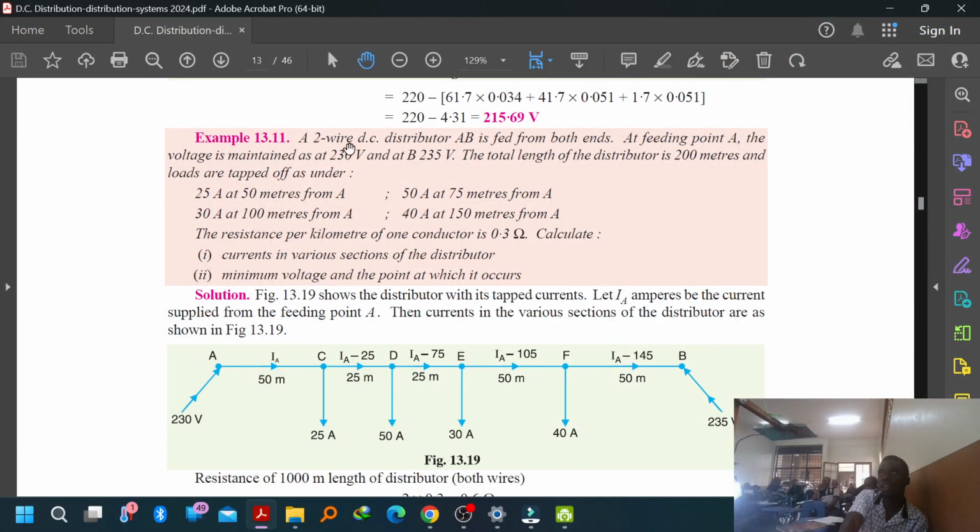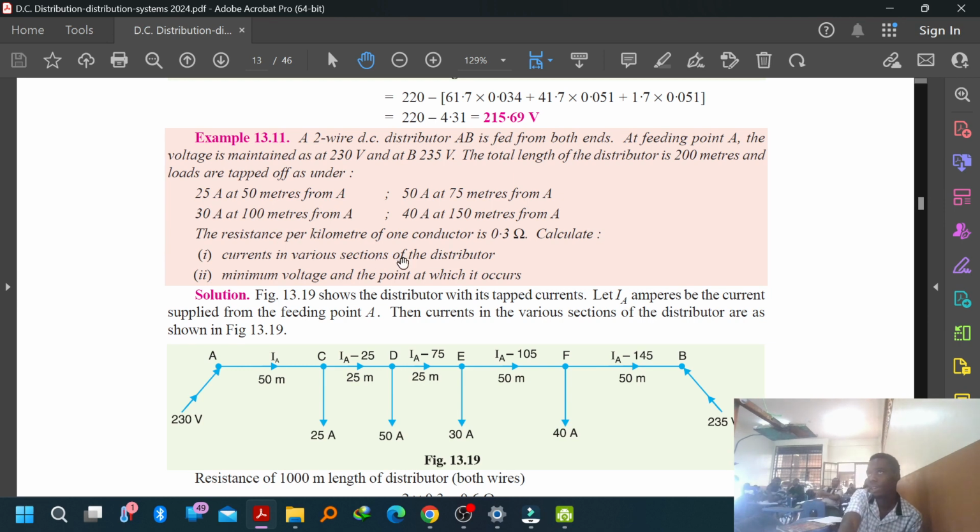They are giving us the total length of the distributor, and it has loads at particular points. They are saying the resistance per kilometer of one conductor is 0.3 ohms.